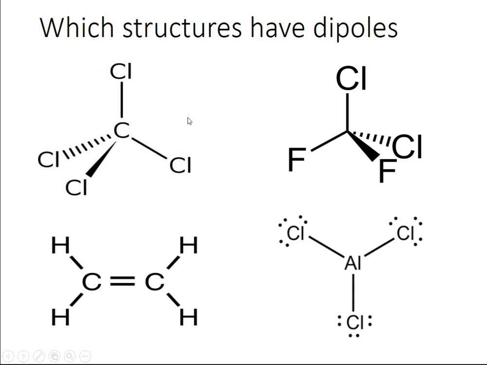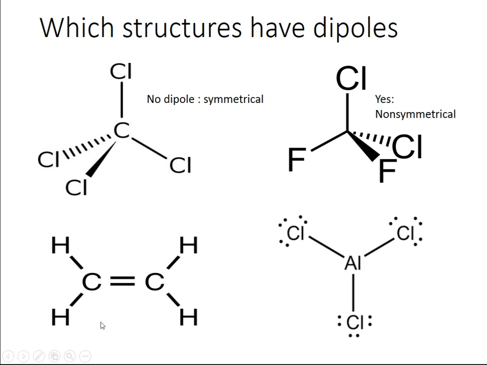As this molecule is symmetrical, it will not have any dipole moment. While this one is unsymmetrical, because one side has chlorine, the other side has fluorine. So we expect to have a dipole moment on this molecule.